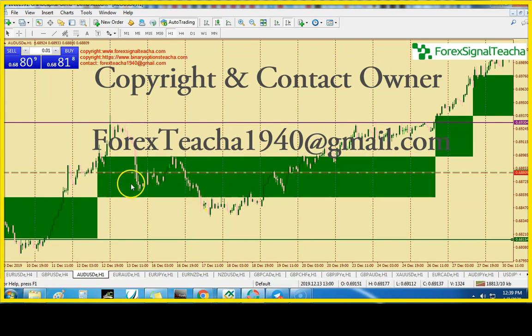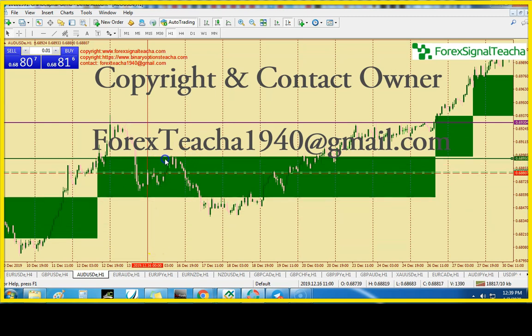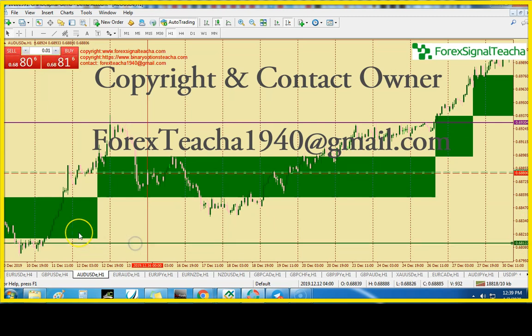You can see that this is 16 December from here to here. What we normally do when we are taking our trades, when it's in this green box, it means we are buying, and then this will be our stop loss. We don't put it here, we put it below the previous box.